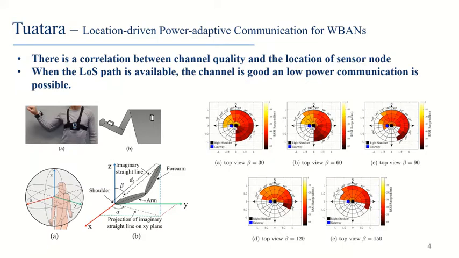So from the first observation, we concluded that if the sensor node knows its location, if the transmitter knows its location relative to the gateway, then it can properly adjust its transmit power.